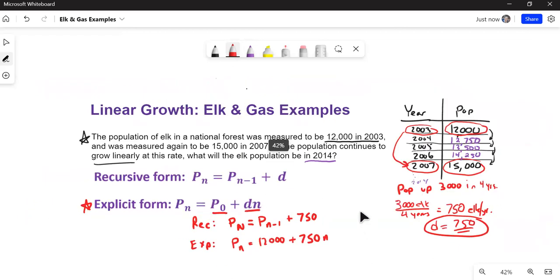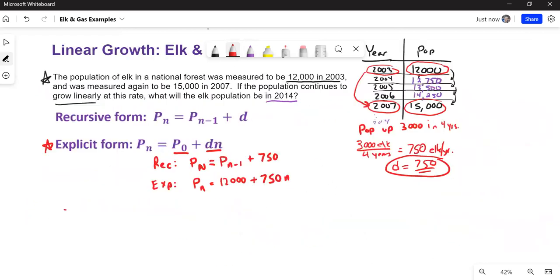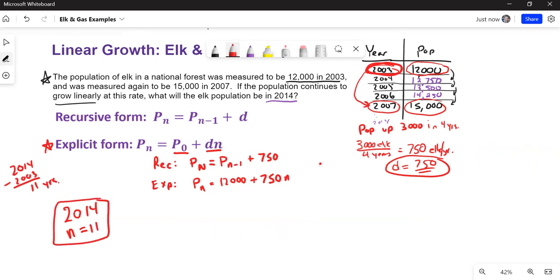Oh, that's much more powerful, because if we want the year 2014, n would be 2014 minus 2003, which gives you 11 years. So n would be 11 in the year 2014, 11 years since we started.